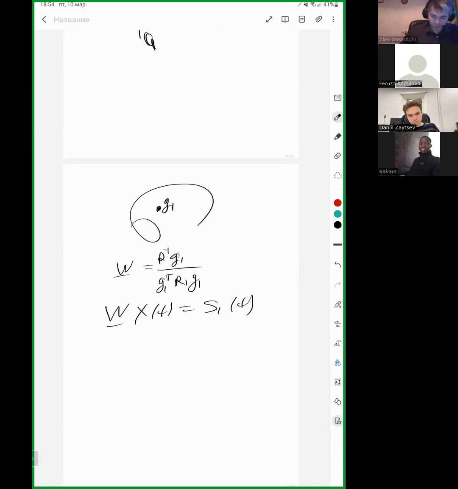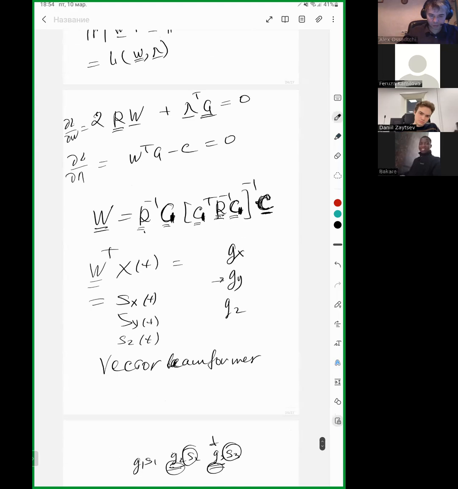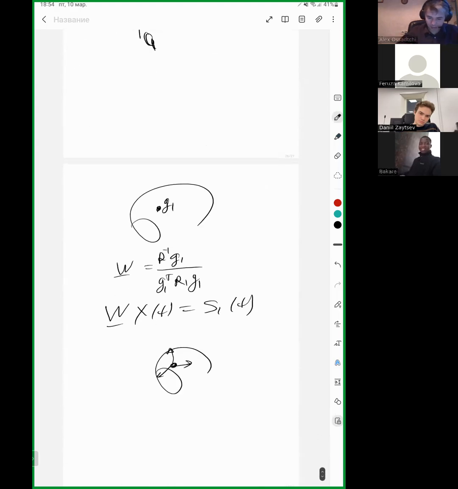Then the second beamformer was, you have this location, but you have three dipoles here, and we wanted to make a filter that listens separately to the three orientations of dipoles, oriented in 3D, but in the same location.